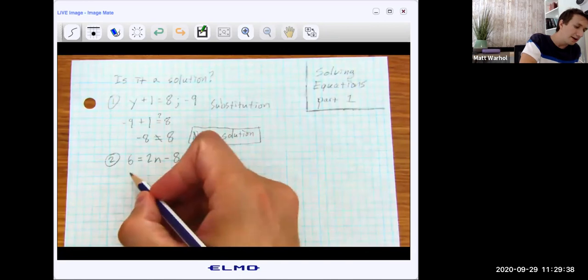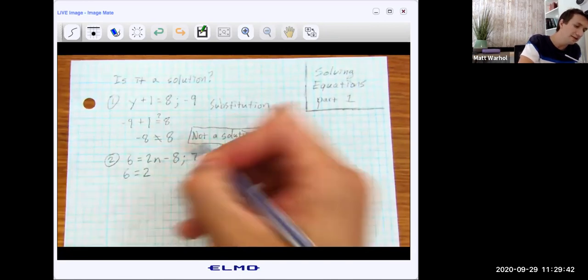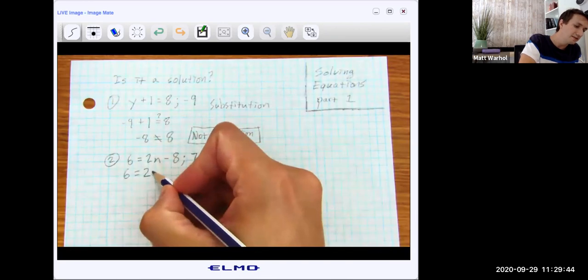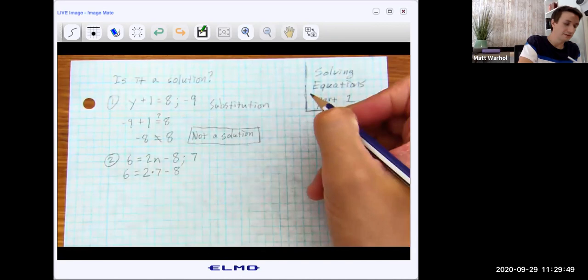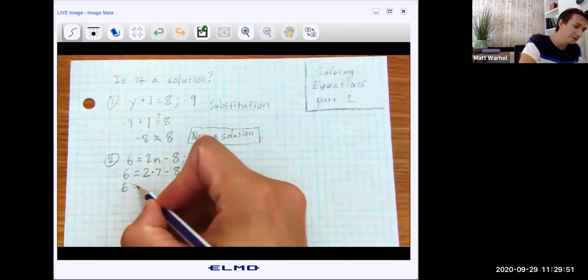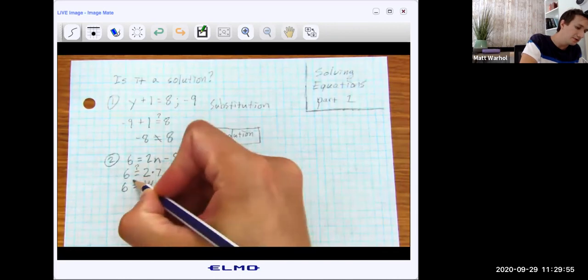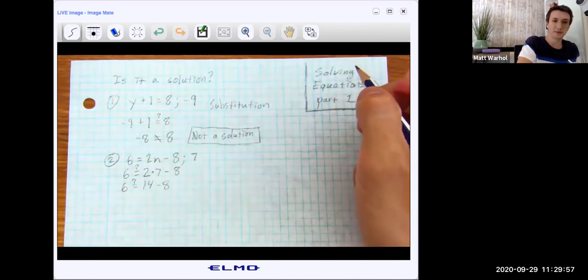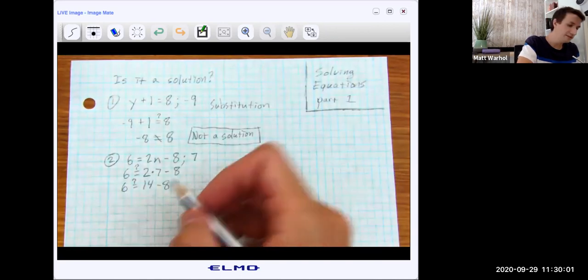So to show my work, I do a step right here where I substitute in the 7. So I can write it like that. And now I start to simplify. 6 equals 14 minus 8. And I can even write the little question mark above because I'm checking, are they equal? Let's see, 14 take away 8 would be 6.